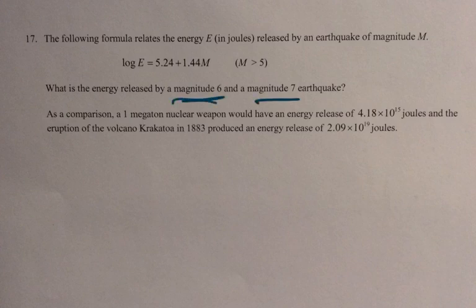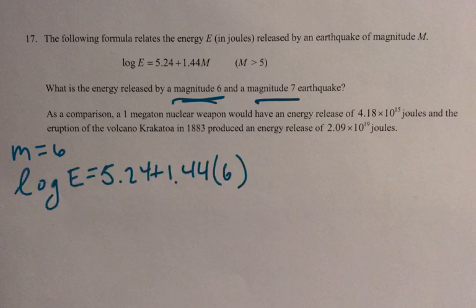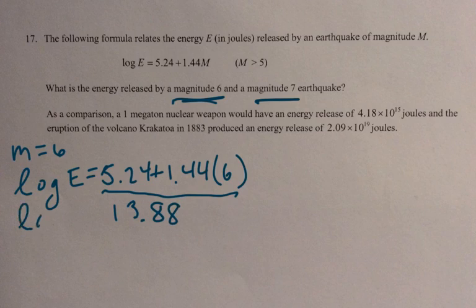So what I'm going to do is for magnitude equals 6, I'm going to substitute that into the equation. And I'm going to then take this right-hand side of the equation and just solve that. I get 13.88. So log of E, the energy, not little e, which is a number, but a variable that we're solving for, is equal to 13.88.